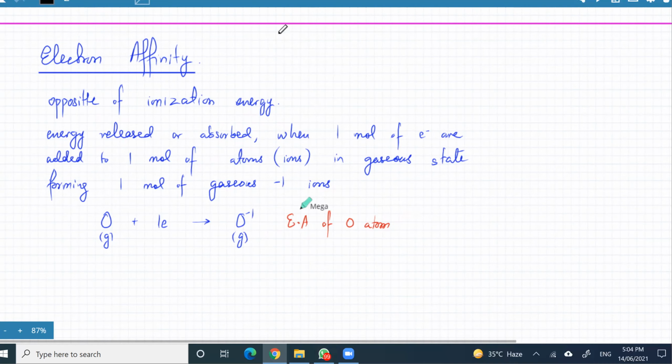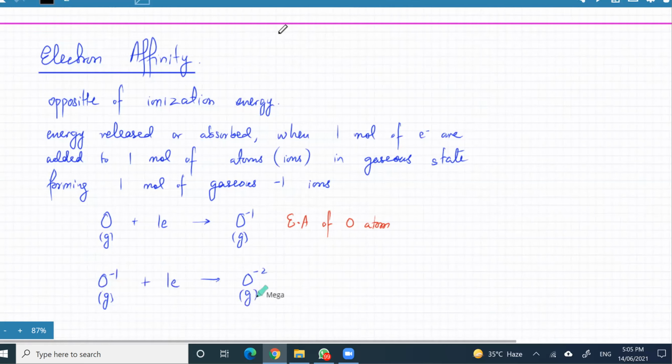If oxygen tries to gain another electron, so now it has gained 1 electron, it's going to form an O-2 gaseous ion.